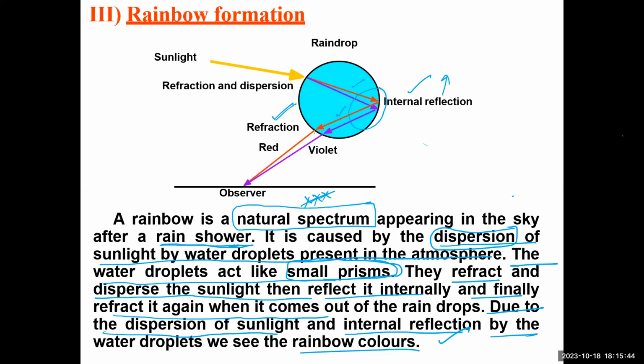Because of this refraction, we can see different colors again, between red and violet, and that spectrum we call a rainbow. If the observer, a human being, is standing over here and looks into the sky, it looks like a rainbow color. So this is the entire process of how a rainbow is formed.